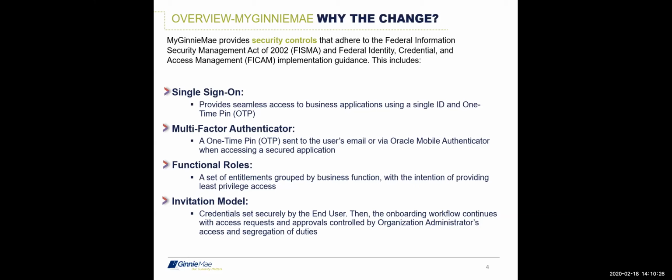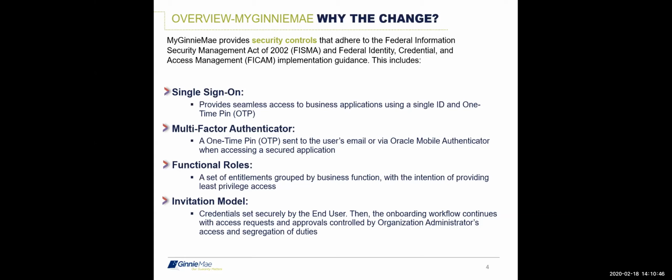That's something that you're already experiencing today, most likely in your personal lives and probably other business situations, where after you've entered your username and password, you're prompted for a code. You can choose to have that code delivered to your email or to a smart device.